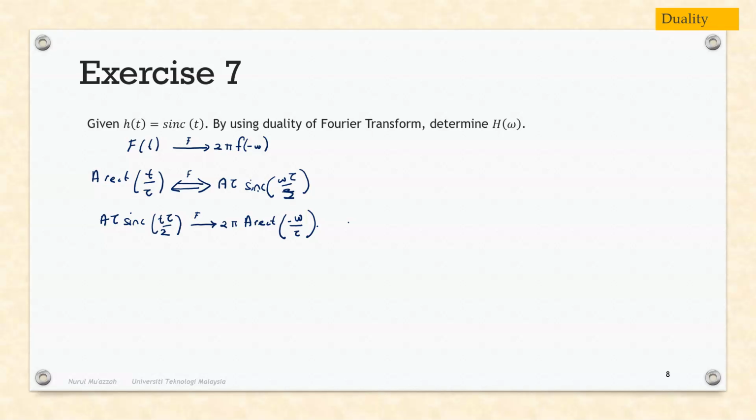Since the rectangle function is centered on the origin, it is symmetric, so we can ignore the negative here and it becomes positive. So from here, sinc(t) is A tau sinc(t tau over 2). And you find out the values for A and also for tau.